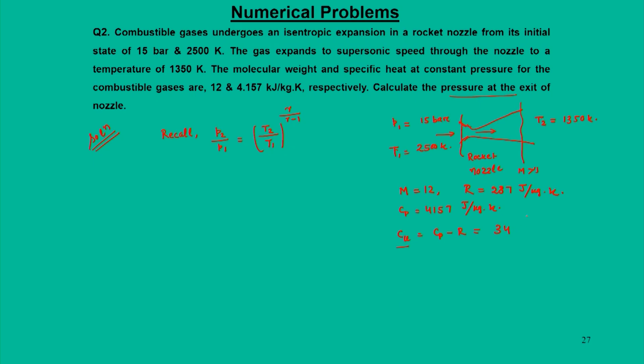Then we can find gamma, which is Cp by Cv.